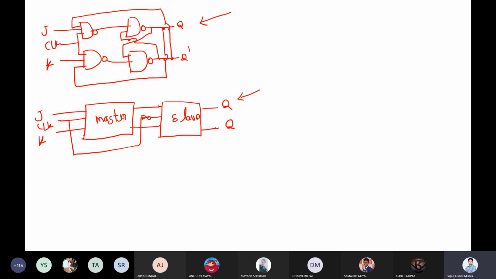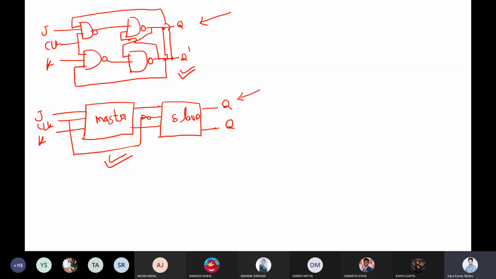From now onward, I follow one of the lecture series from IIT Madras, and in that they say this is the JK flip-flop, the master slave, and many books and many internet sources also say this is the JK flip-flop. So we should stick to one convention so that everyone is on the same page whenever we give a question in the exam.